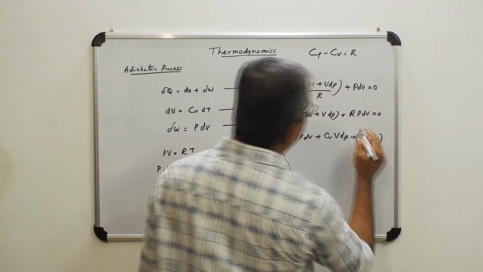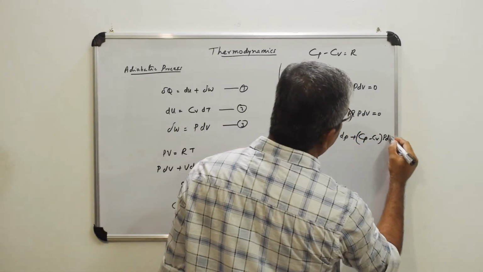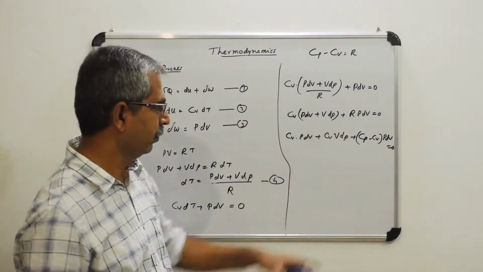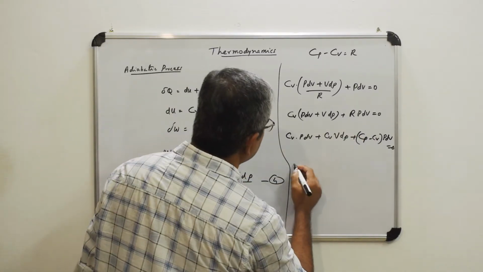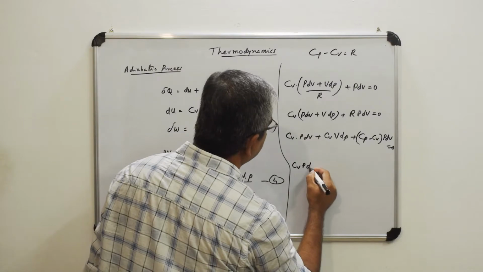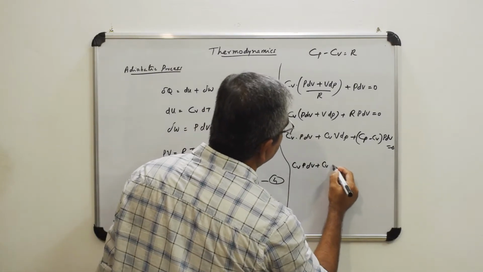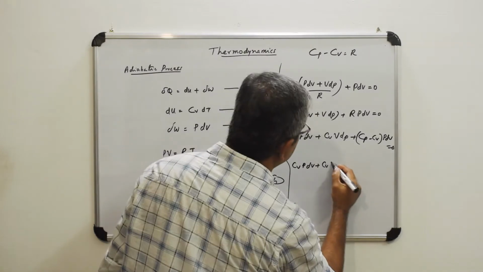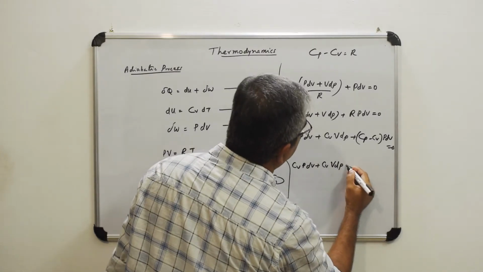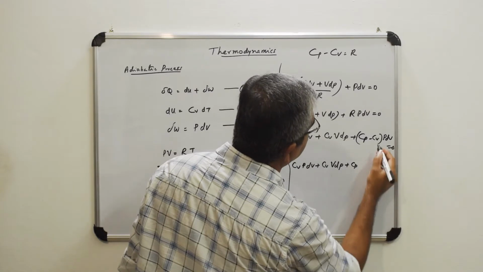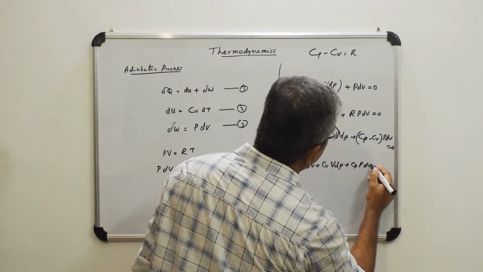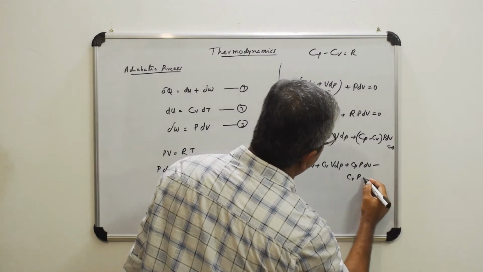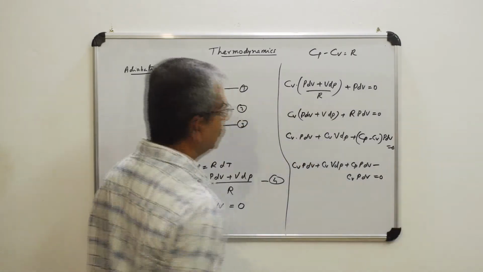Cv into P dV is equal to 0. Okay, so this is equal to 0. Now you can expand this one, that is Cv into P dV plus Cv into V dP plus Cp into P dV minus Cv into P dV is equal to 0.